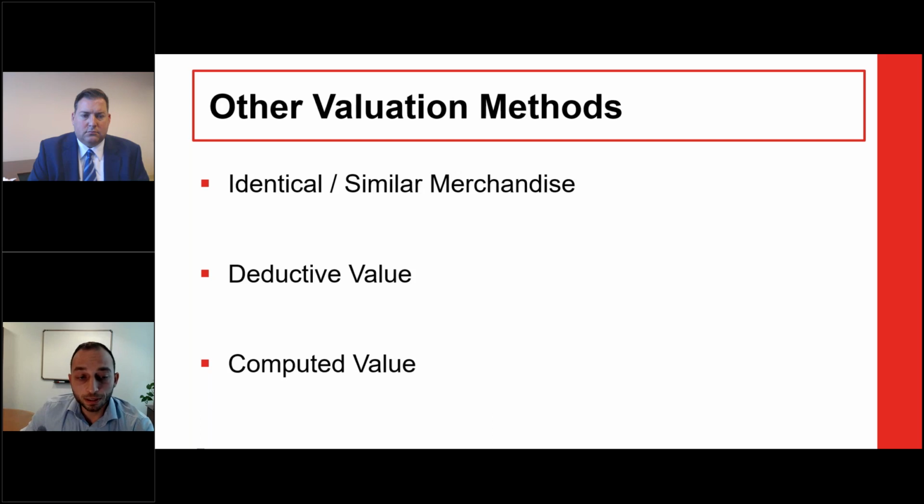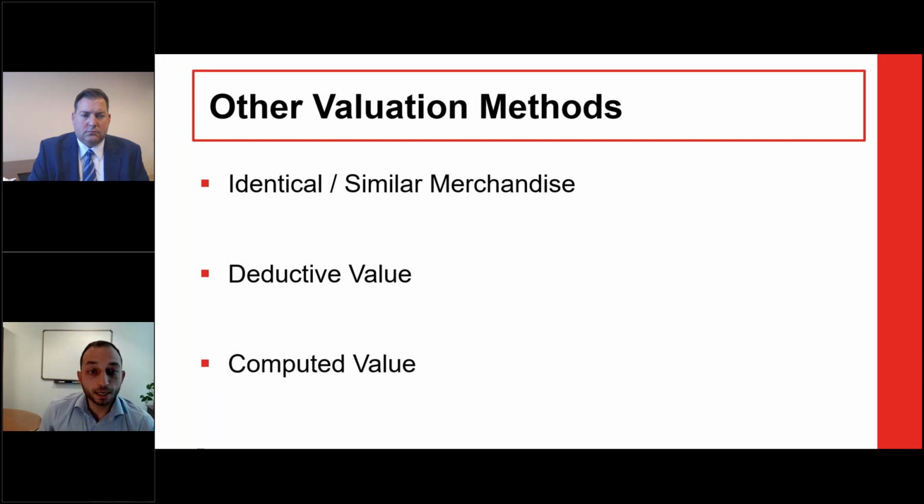Deductive value means essentially the resale price in the United States after the importation of goods, with deductions for certain items like commissions, transportation or insurance costs, customs duties and taxes, and value of further processing. And the computed value is the sum of all materials, fabrication, and other processing costs, plus the profits and general expenses and any assist or packing cost.